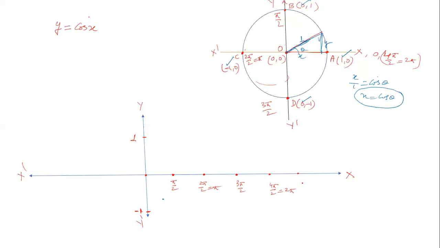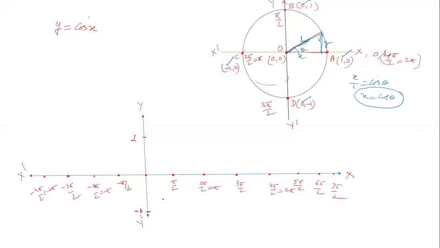Again, we can take 5 pi by 2, 6 pi by 2, 7 pi by 2, and so on. Similarly, on this side, this distance is minus pi by 2. This is minus 2 pi by 2, that is minus pi. This distance is minus 3 pi by 2. And this distance is minus 4 pi by 2, that is minus 2 pi.